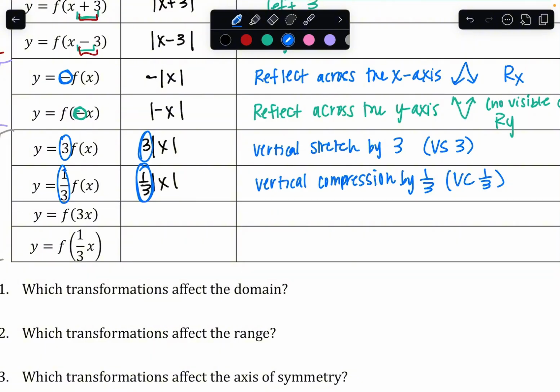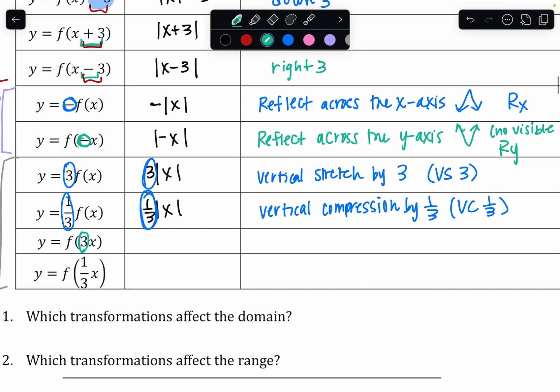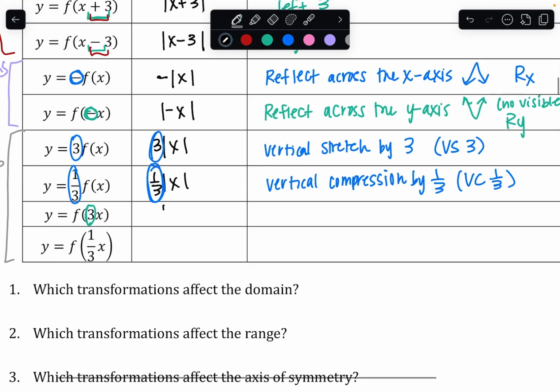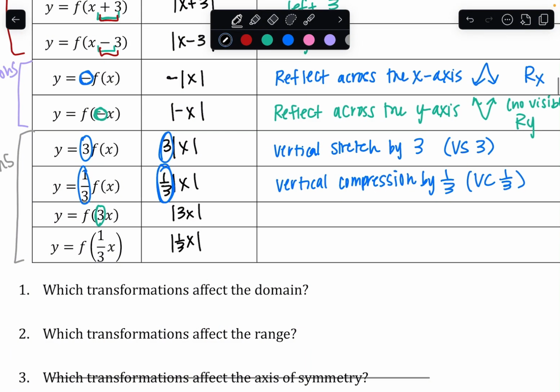Okay, if you move that scale factor inside, just like the case of adding and subtracting, it's going to do the opposite of what you would expect because it's happening to the input. And so when it's inside the bars, it's affecting your input. And so everything you think would happen, it's the total opposite. And so this scale factor of 3 is actually going to be called a horizontal because it's inside.